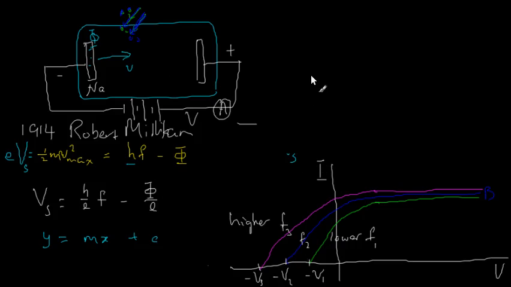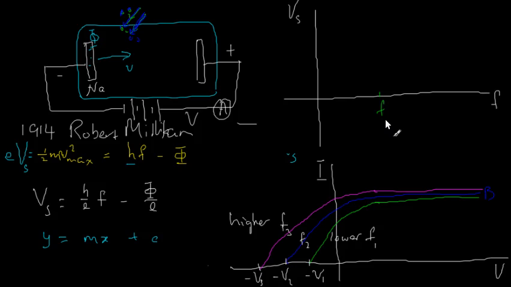So suppose that we have all these numbers, which Millikan did when he did this measurement. Then we can plot the graph. When green light was used, the frequency was, say, f1, and the voltage was V1. So let's say we have a point somewhere there. Okay, so that gives us a point. When blue light was used, let's say the frequency f2 is here, and the voltage is V2. So this gives us another point.